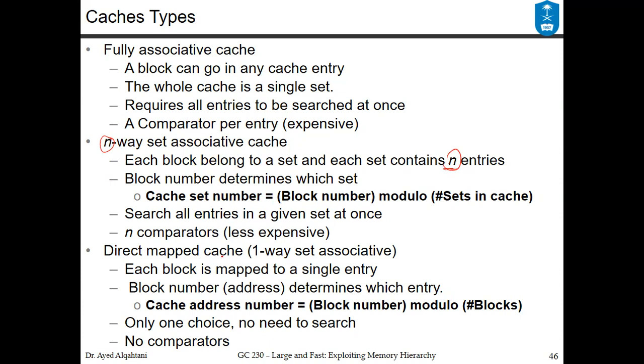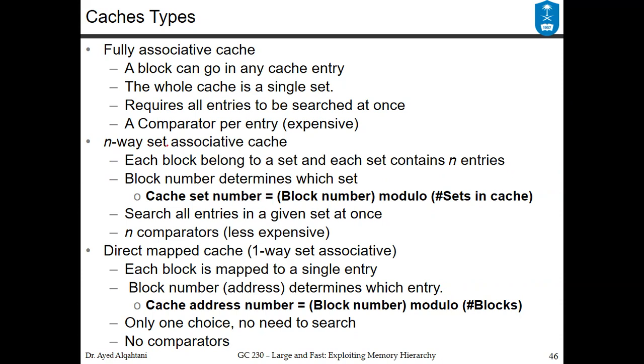For the direct map cache, each block is actually mapped to a single entry because you can find its address using the formula that we've taken before, and we are repeating this here. Now, in the fully associative cache, the whole cache is a single set.